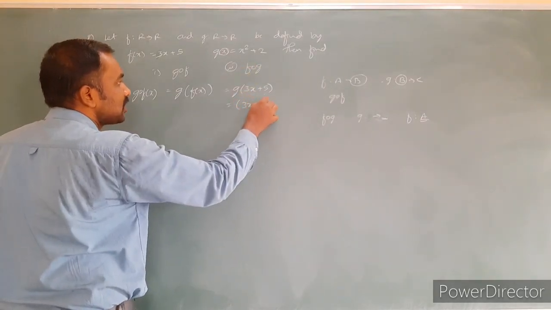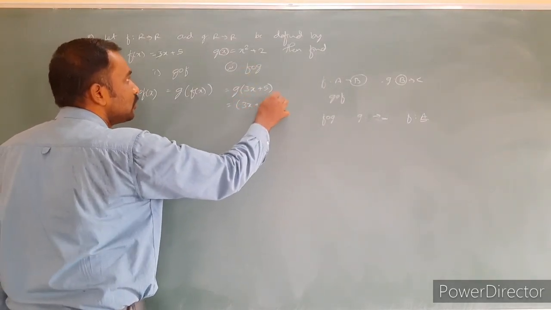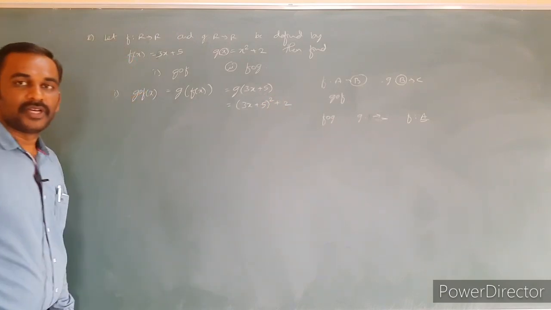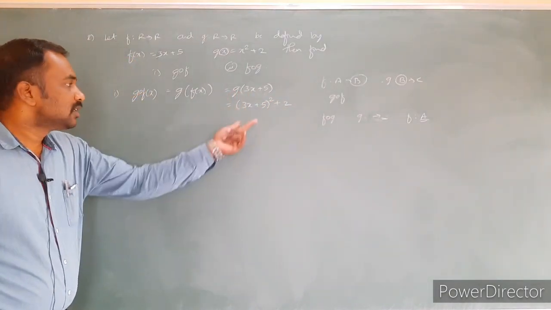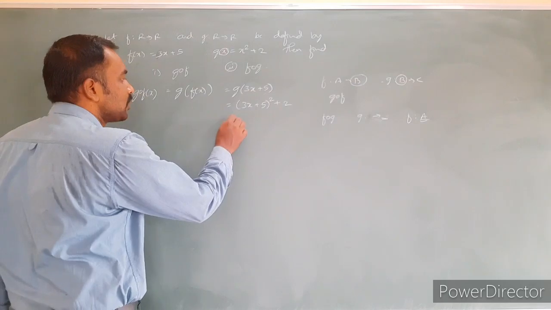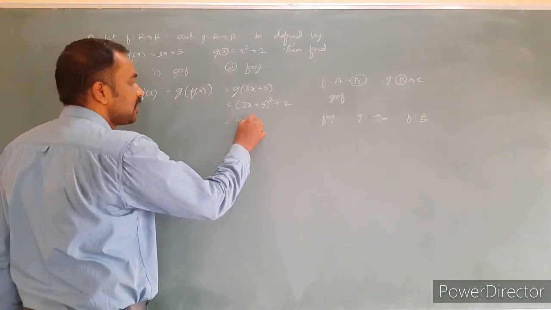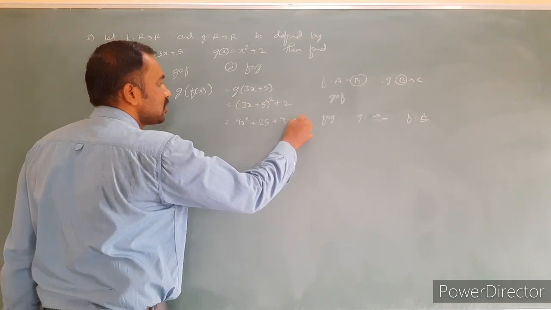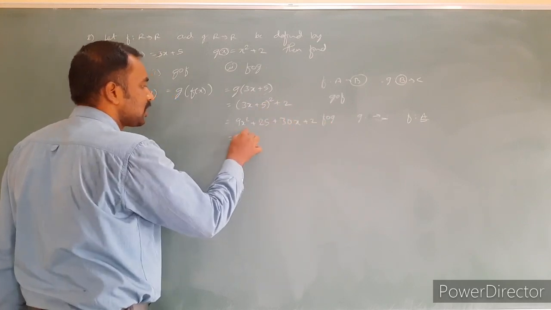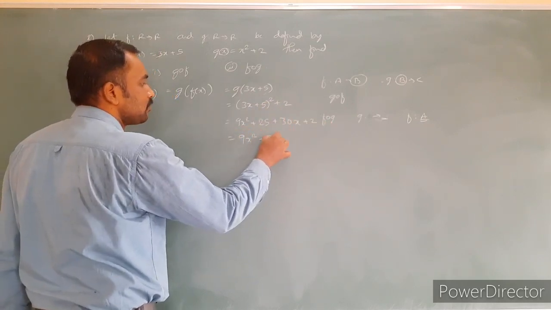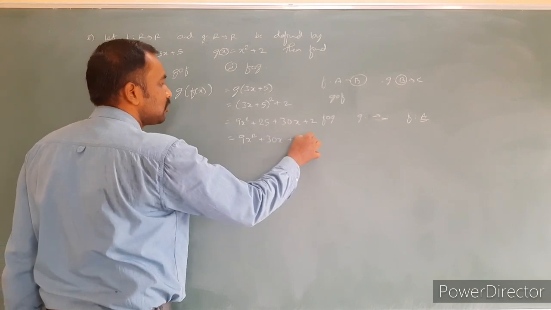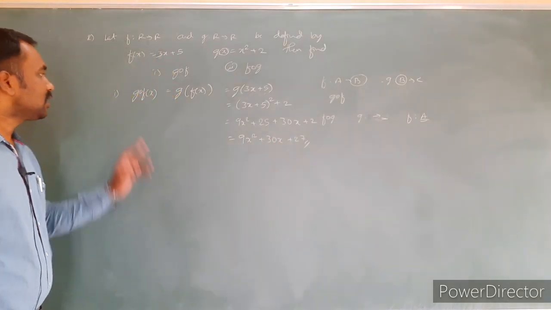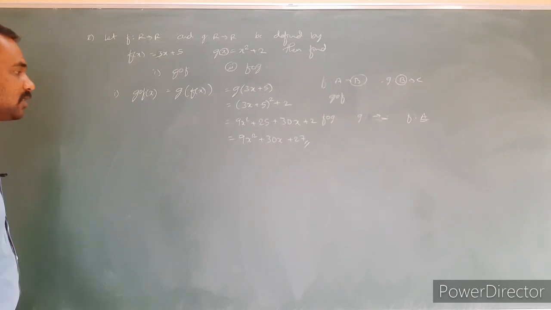In x square, that means (3x plus 5) whole square plus 2. Wherever x is there, replace this value. Just expand and simplify. What will we get? 9x square plus 25 plus 30x plus 2. This we can write as 9x square plus 30x plus 27. This is the required g circle f.